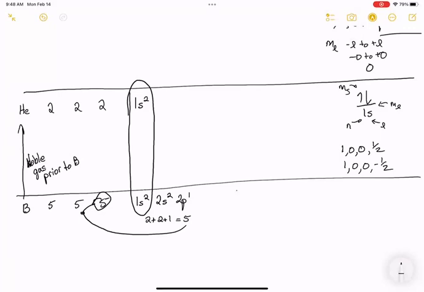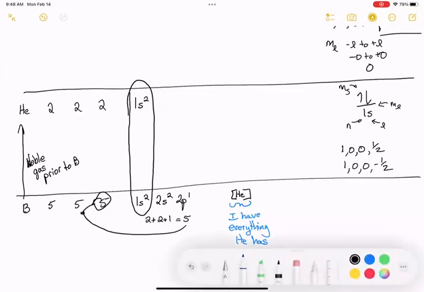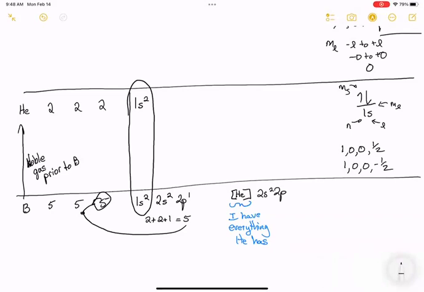So what we do is we write helium symbol in brackets. Basically, this symbol says that I have everything helium has. Now we only need to list what helium does not have. And helium does not have the 2s2 and the 2p1.